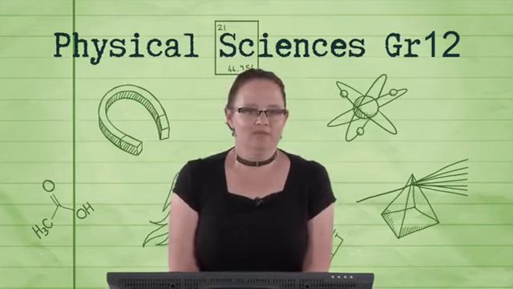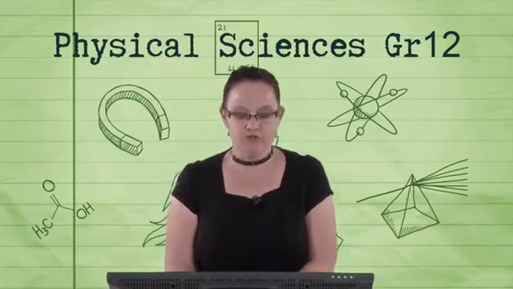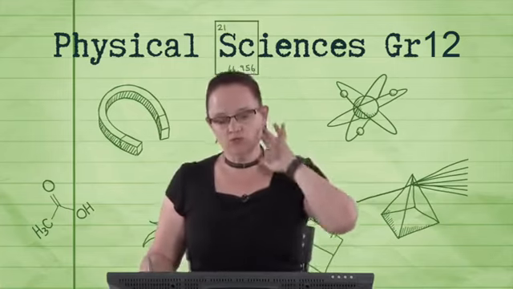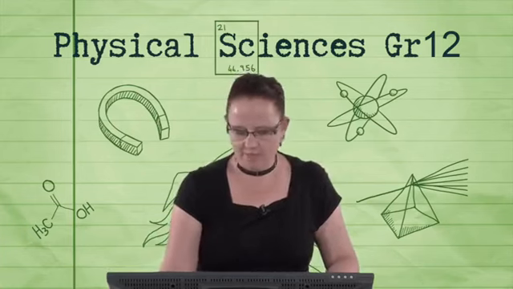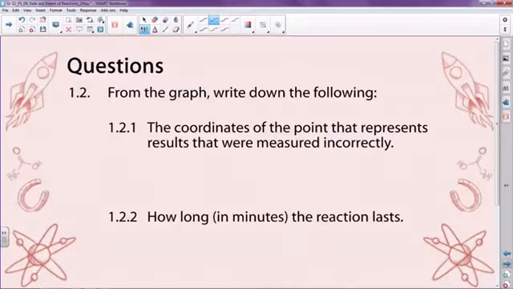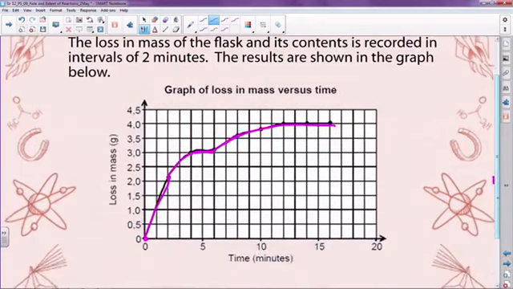So these were short answers, but they're not necessarily easy, grade 12. So the first thing asked you to give the coordinates to the point that represents the results that were measured incorrectly. So if we go back to our graph, and I'm going to take away my pink now. Can you see over here, that little piece?